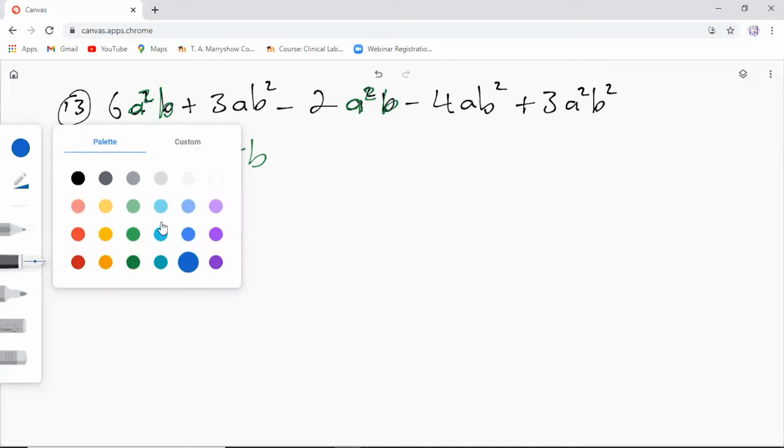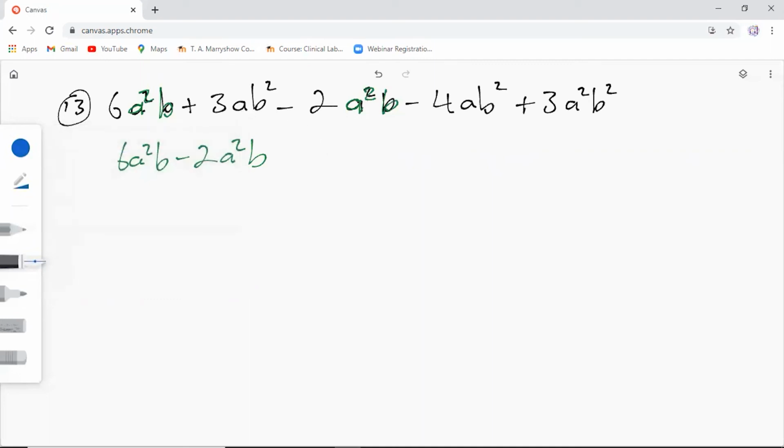Then we have ab squared here, and we have ab squared here as well. We do not have another ab squared, so we can group plus 3ab squared minus 4ab squared.